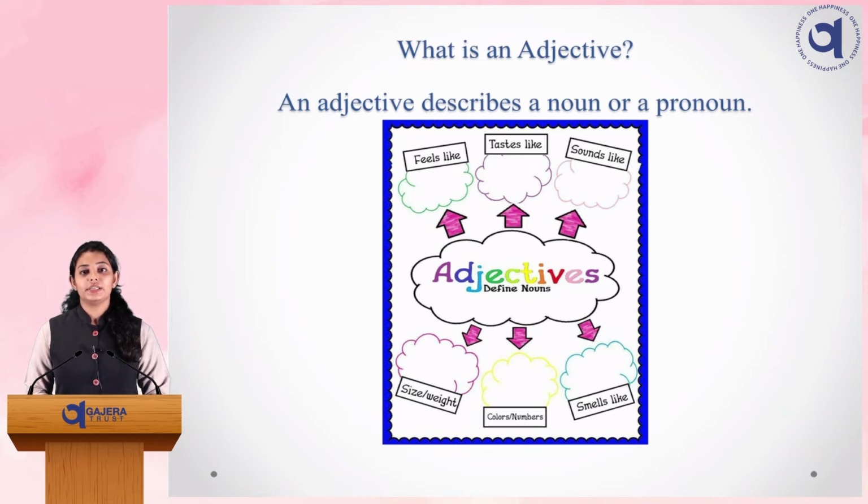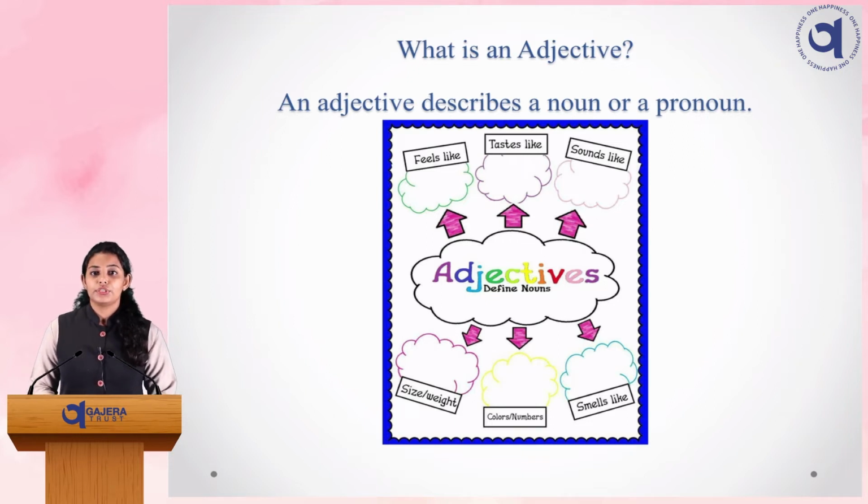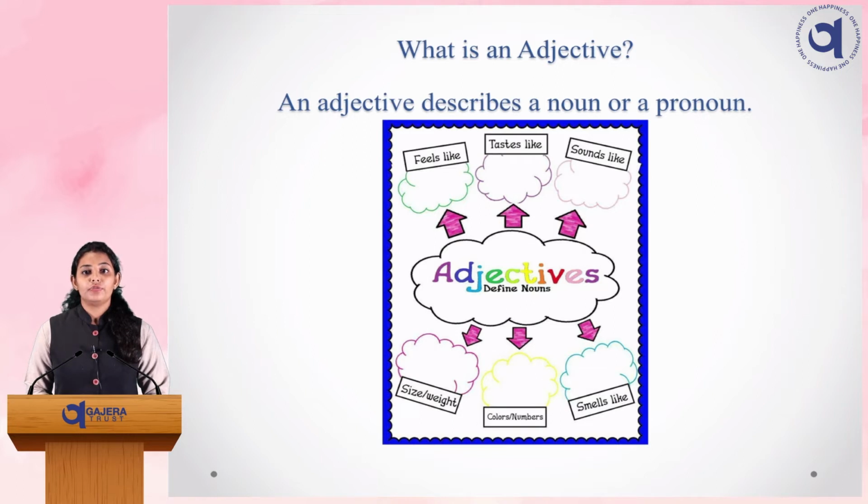An adjective describes a noun or a pronoun, and it also answers questions like how the noun feels, how it tastes, how it sounds, what the size of the noun is, and what the weight of the noun is. It also shows the numbers, the color of the noun, and how the noun smells. So here is the description of a noun.